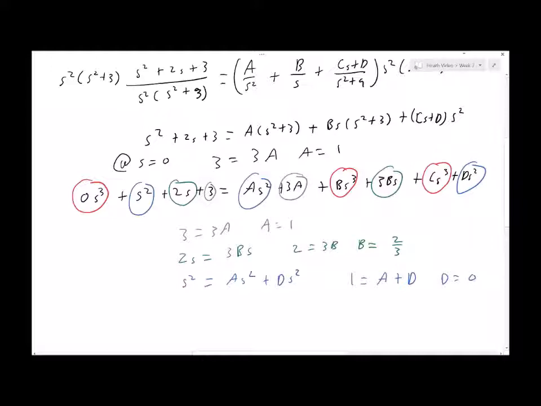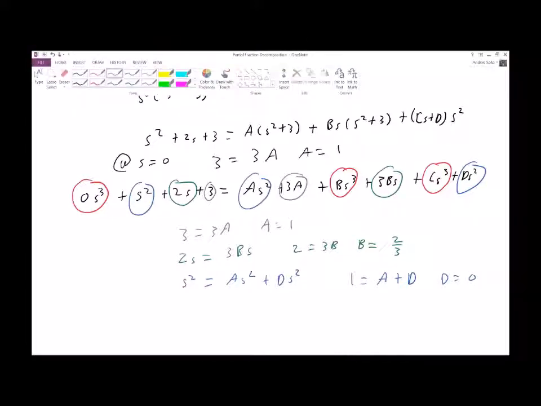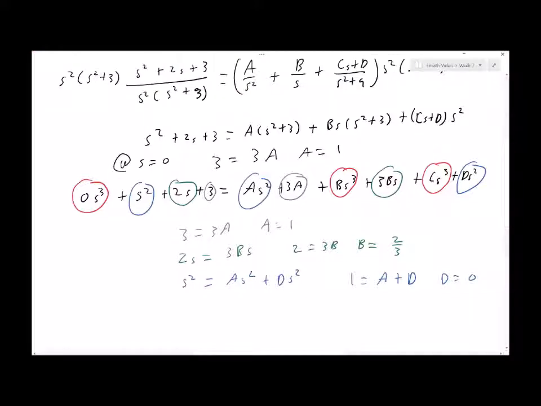Right. Subtract it over. And lastly, our s cubed term has to equal Bs cubed plus Cs cubed. If we divide it out, we're left with 0 equals B plus C. We know what B is. B is 2/3, so then C must be negative 2/3.